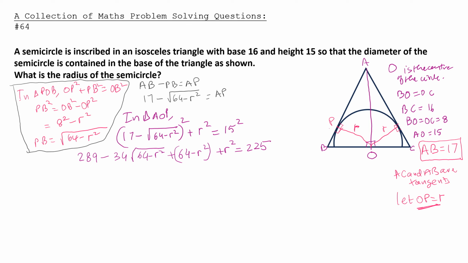So now this r square and this r square cancel out. If I take this entire thing on the right hand side, it might look a bit neat. So I would get 289 minus 225 plus 64 equals 34 times square root of 64 minus r square.